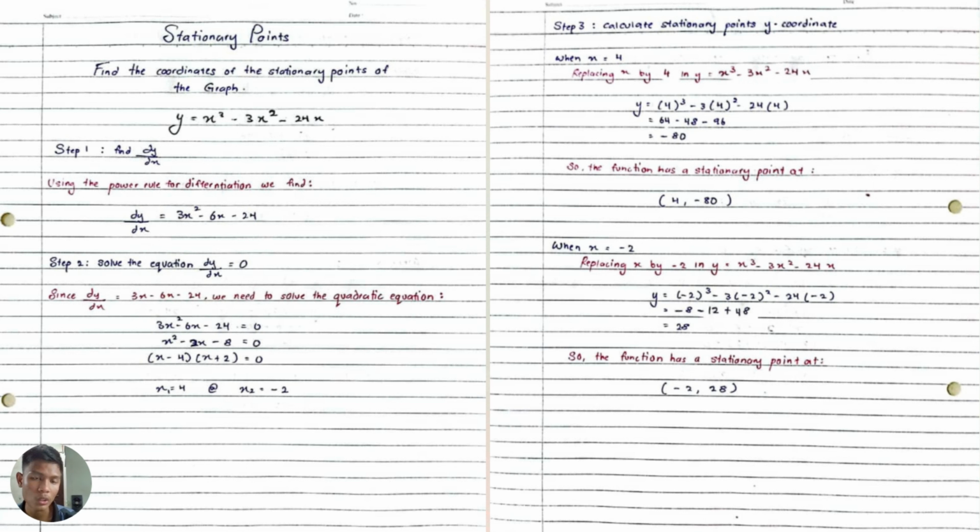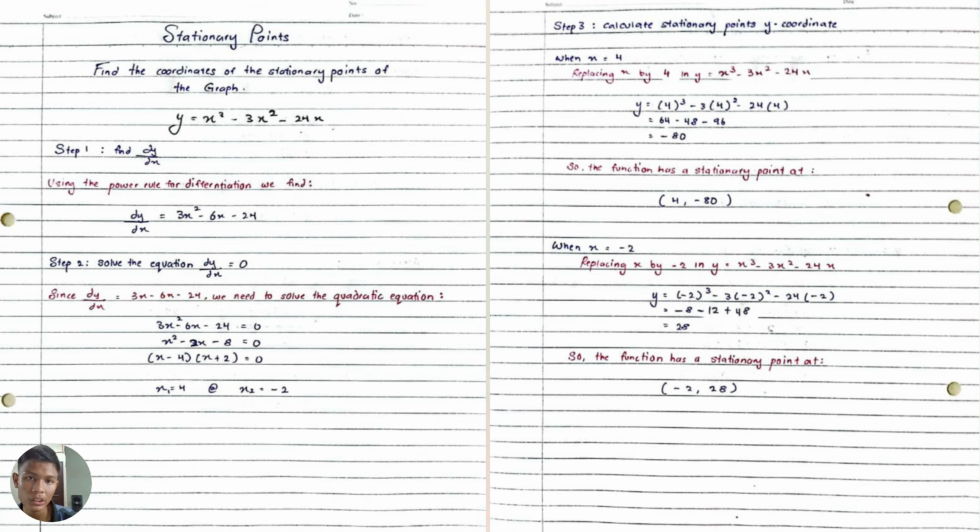So using the quadratic equation function in the calculator, we got the factors (x minus 4)(x plus 2). Then we will get x1 equals 4, x2 equals negative 2.